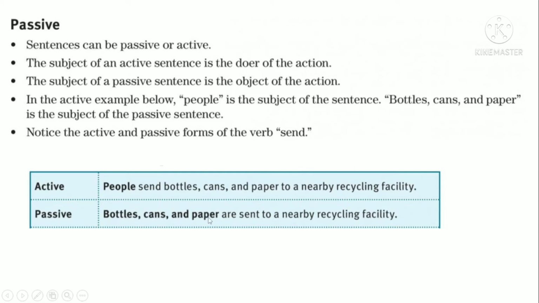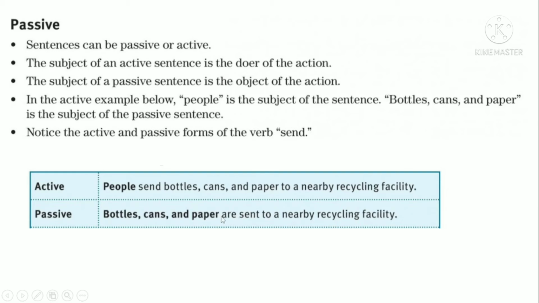Bottles, cans, and paper is the subject, but in the passive sentence, okay? So the object, let's see here. People send. Could you see the difference? And could you notice that in the active, the verb is in the base form? And when we use passive, as I told you before, it's the past participle of the verb with the verb to be.